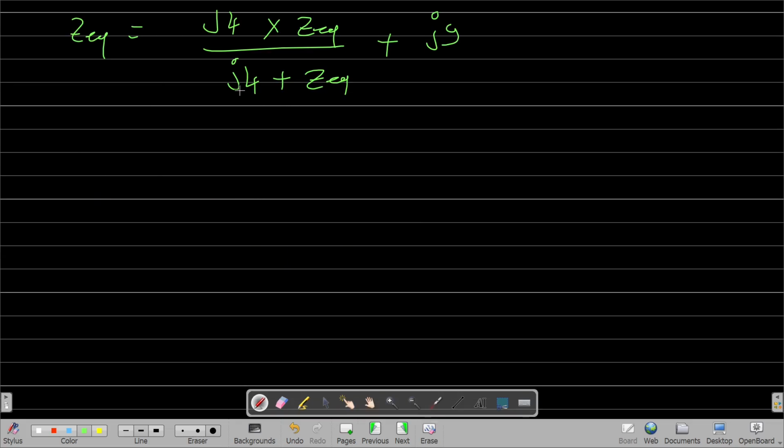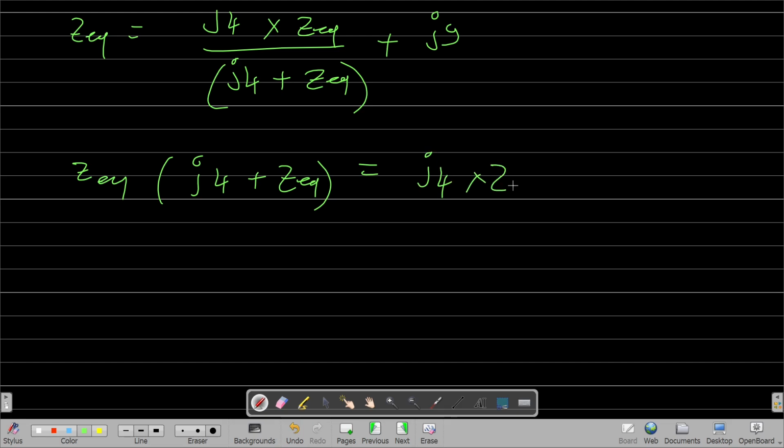Now if we multiply this bracket term on both sides, let's see what happens. So Z equivalent bracket of J4 plus Z equivalent equals J4 into Z equivalent plus J9 bracket of J4 plus Z equivalent.